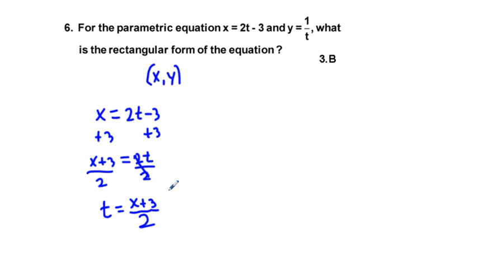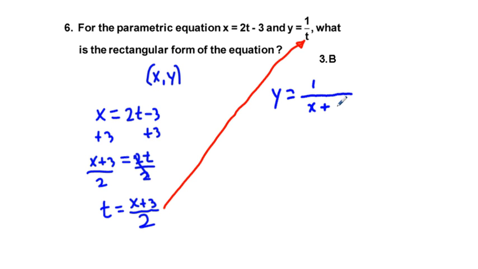And it's this thing right here that we're going to place in place of this t in the y equation. When we do that, we get y equals 1 over x plus 3 over 2.